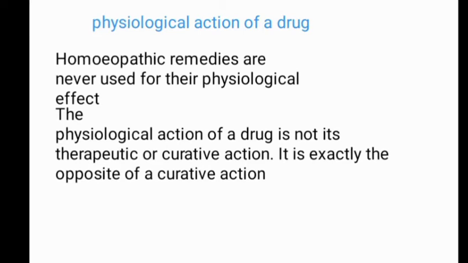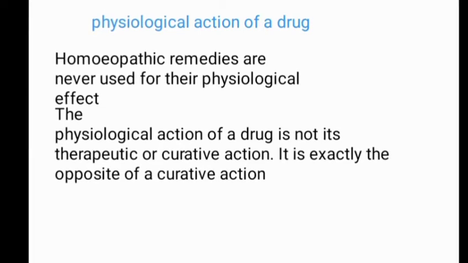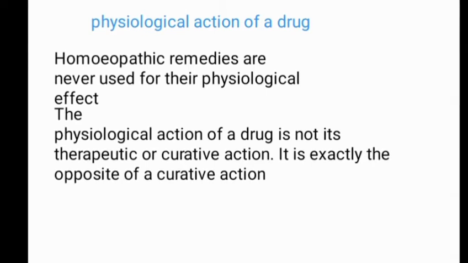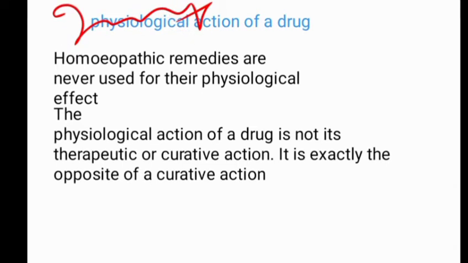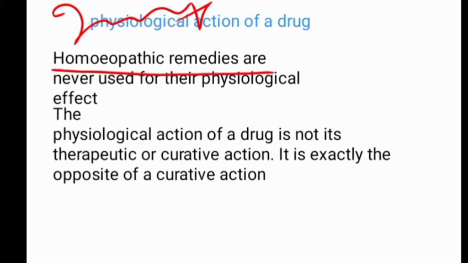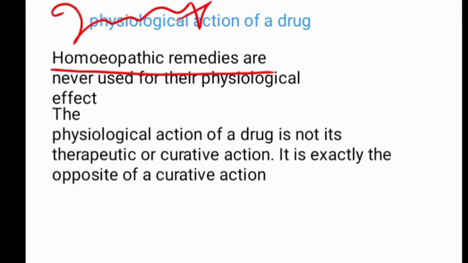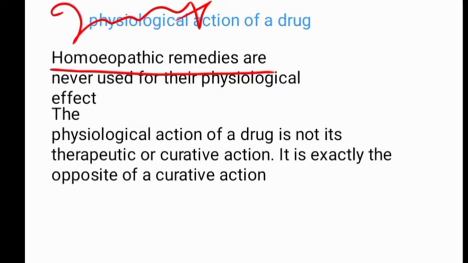Then the remedy. So what is a remedy? Before we go towards the remedy, we should know the physiological action of a drug. A homeopathy remedy means the indicated medicine for a person, selected by the mental, general constitution and temperament of the person, and this medicine is known as a remedy.